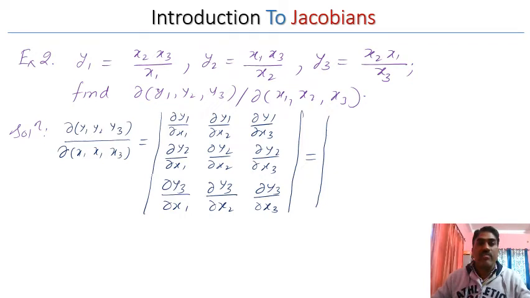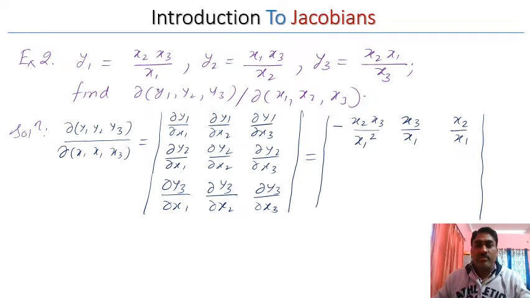So del y1 by del x1 is minus x2 x3 by x1 square. Similarly, del y1 by del x2 will be x3 by x1, and del y1 by del x3 will be x2 by x1. Now similarly find the other partial derivatives.